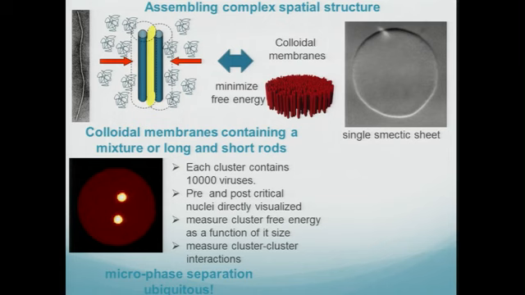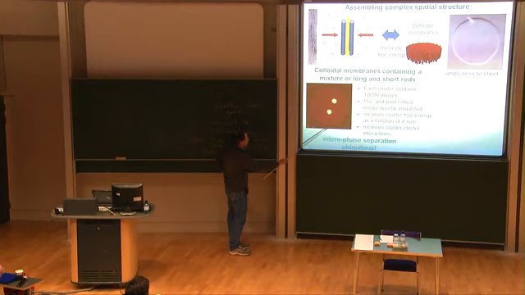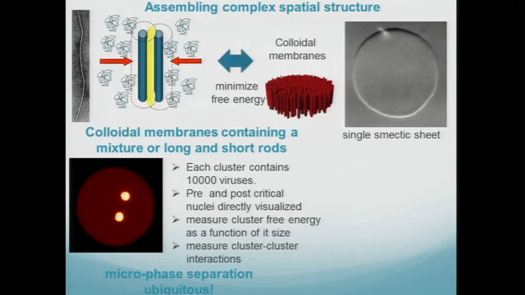You have a membrane, and you have dilute long rods in the background, and then they form domains that are about 1 micron in size and contain about 10,000 viruses. If you wait for many, many days, they will remain the same size. Their polydispersity is 1%, so you essentially have an assembly of 10,000 plus or minus 100 rods.